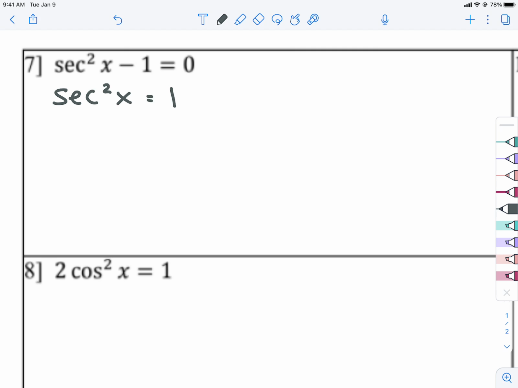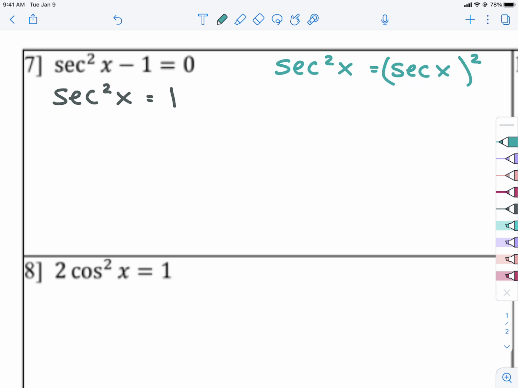And now when we see secant squared x, that's the same thing as saying secant of x, all squared. The only reason they put the squared before the x is so that you know that there's 2 secants there, not that it's the x being squared.